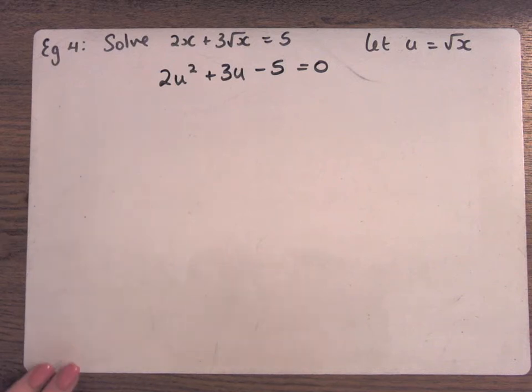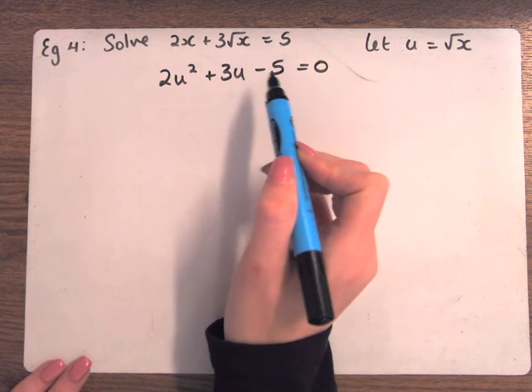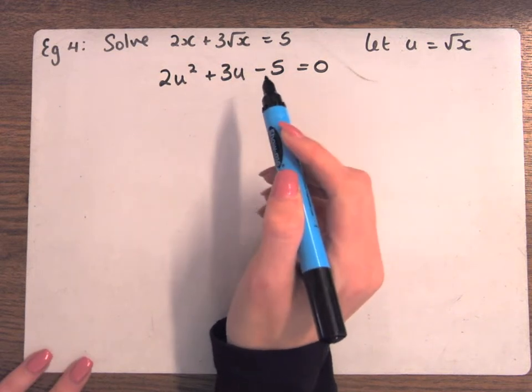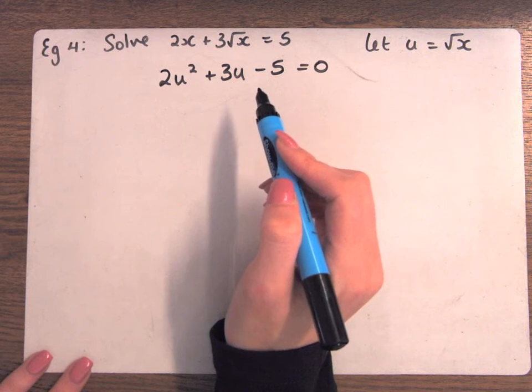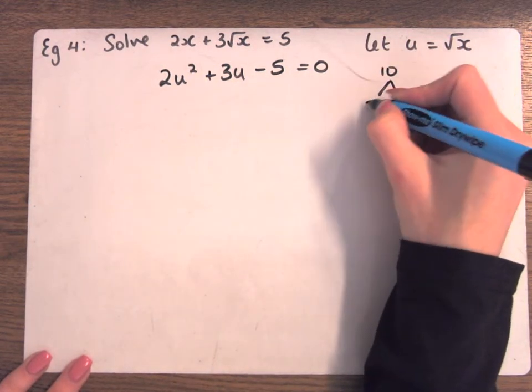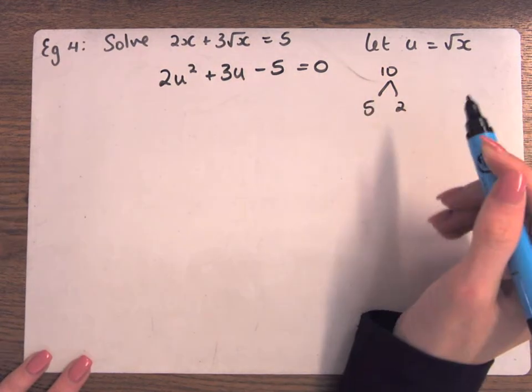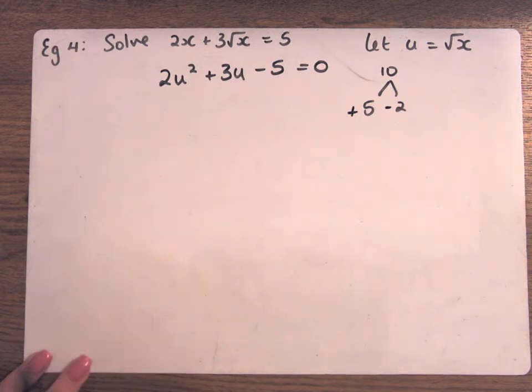You alright with that? Now, 2 5s is 10. Factors of 10. 5 and 2. Factors of a minus. Plus and a minus. Plus 5 minus 2, yeah?